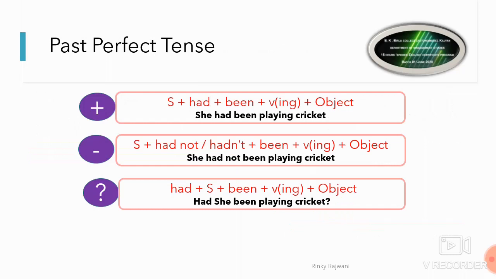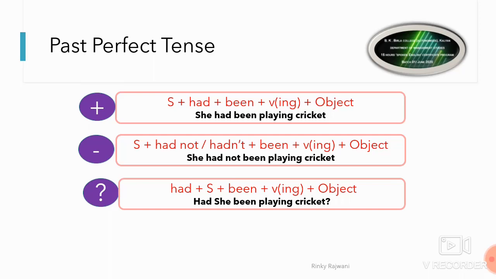Let's see the way in which we described it so far. A sentence starts from the subject and ends with the object, and in between come had been plus the verb with ing. Here there are three kinds of sentences: positive, negative, and interrogative or question-based past perfect continuous tense. So, she had been playing cricket.